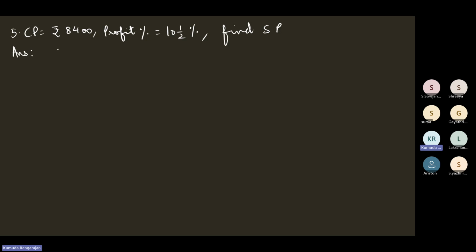So the formula is SP is equal to, how do we find the selling price? 100 minus loss. Where is it loss here? It's profit percent. 100 plus profit percent by 100 into CP. Yeah, work this. You can take 10.5 as 10.5.